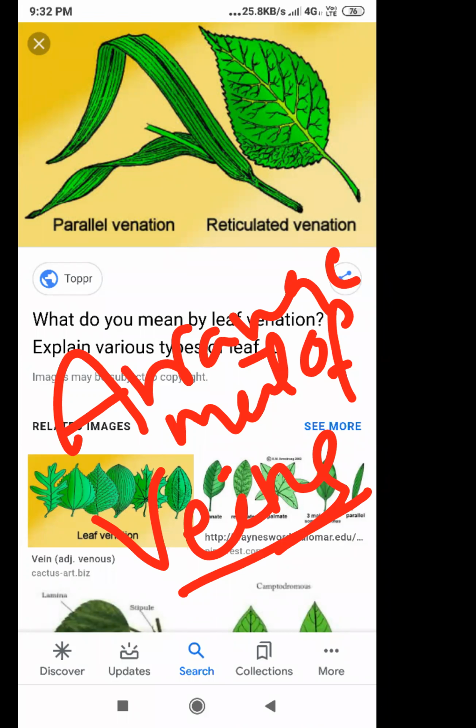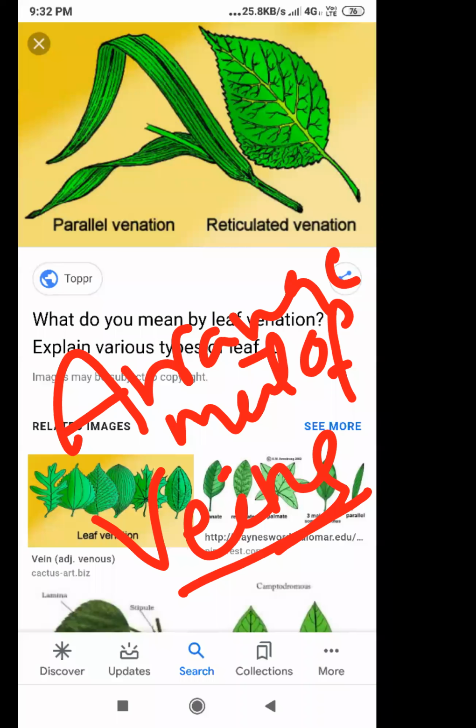Reticulated venation we can observe in dicot plants. Dicot plants are like mango, groundnut, hibiscus. In these plants the veins are arranged in a network-like pattern in the entire leaf.